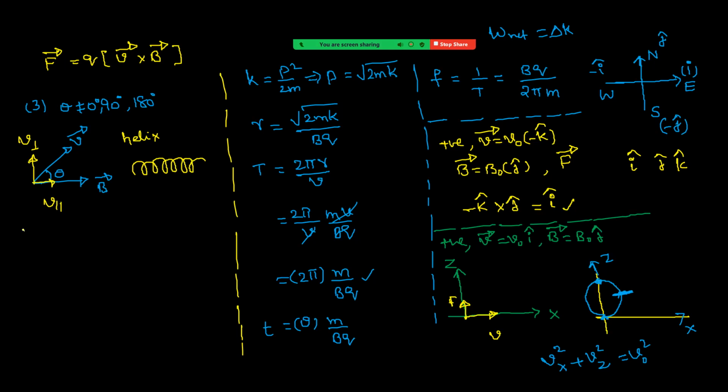That radius is given by r equal to m V perpendicular, okay? You just observe. If we have only normal component, what is radius? That is m v perpendicular upon qB, right? That is now radius of that helix, okay?